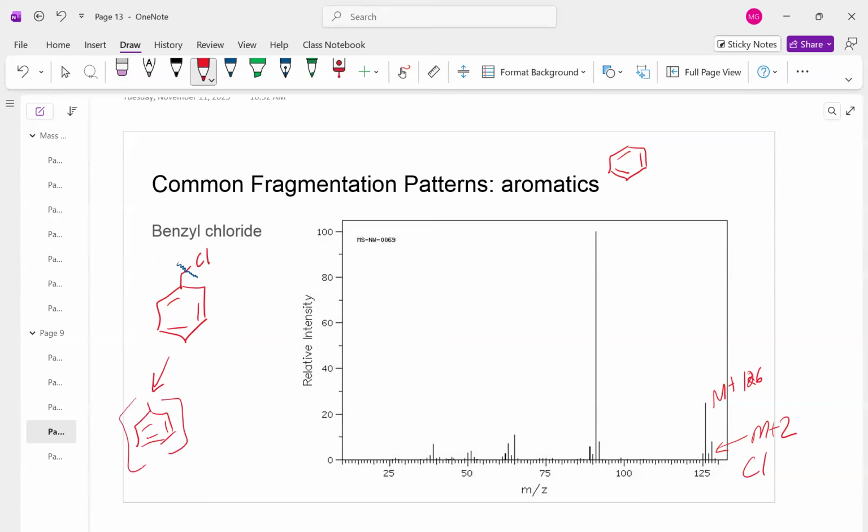I'll draw it like this. You can pretty much bet that that plus charge is on that primary or benzylic carbon. And that has a mass of 91. And notice what my base peak is. 91. That's pretty much it. That's all we're going to worry about with this one.